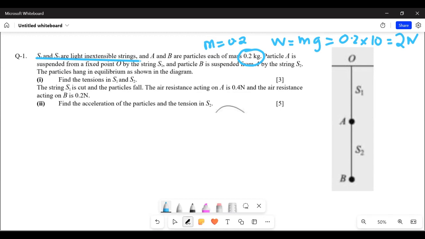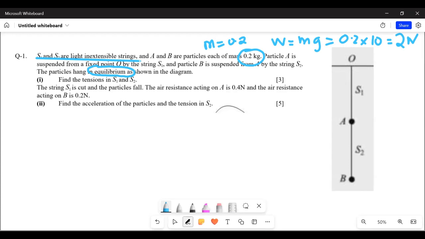Particle A is suspended from a fixed point O by the string S1. And particle B is suspended from A by the string S2. The particles hang in equilibrium as shown in the diagram. Equilibrium means that all the forces are balanced.